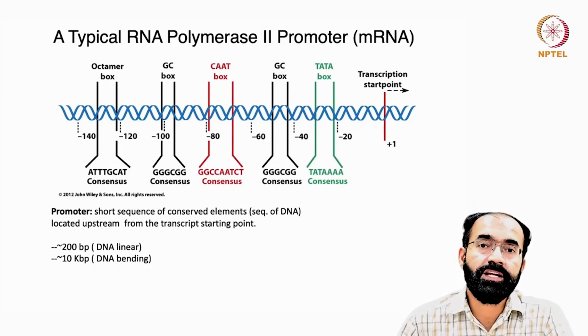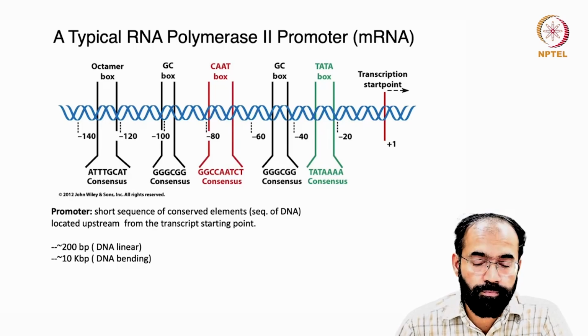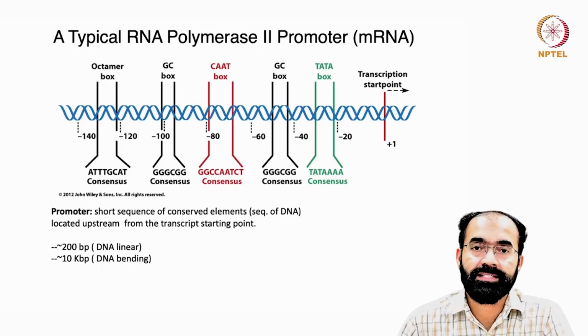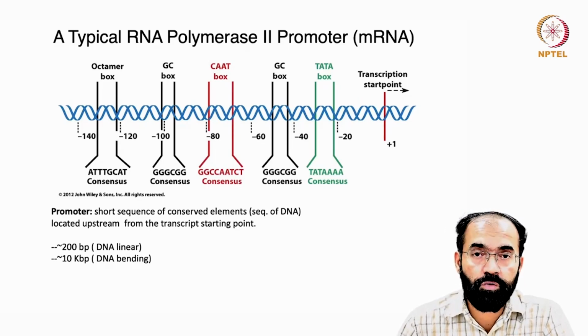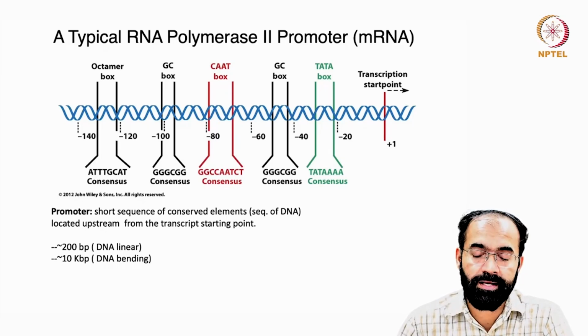So RNA polymerase 2 being the polymerase doing the transcription of genes encoding mRNAs, its study or its regulation becomes more important than polymerase 1 and polymerase 3.